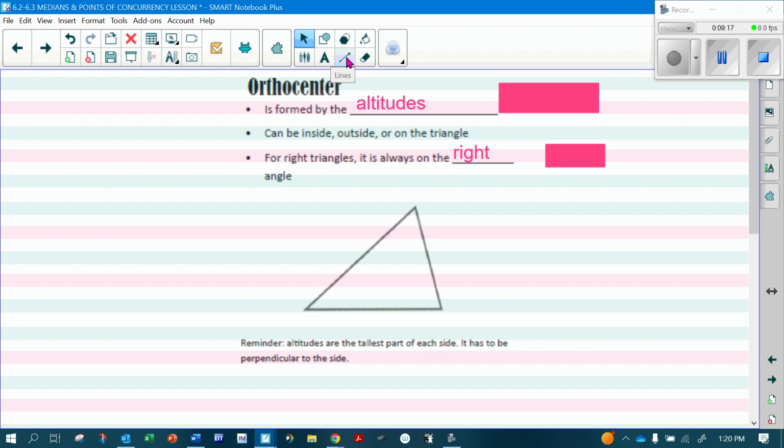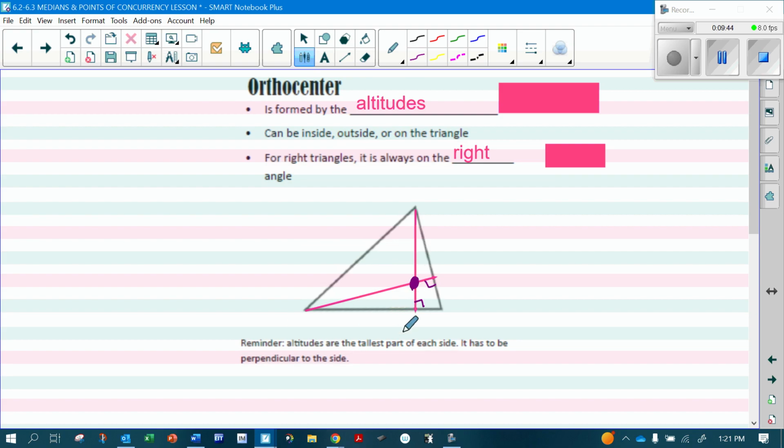But what we're going to do here is I'm going to go to the corner, and I'm just going to draw a line straight down, not to a point, just straight down, because that is perpendicular. And then I'm going to draw another one. So coming over here to this corner, drawing a line that is perpendicular. Make sure you put your right angle marks. This is your orthocenter.